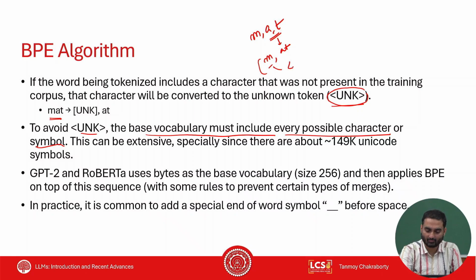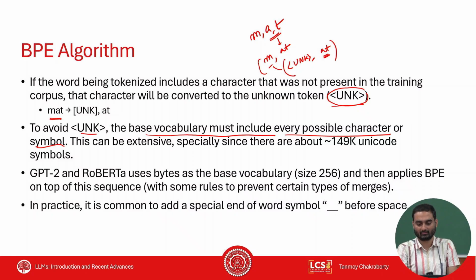Okay, so this will be replaced by UNK, and then you already know the embedding for "at" because this is a known vocabulary entry. So this is going to be my tokens for the word "mat". Clear? In this way we deal with unknown tokens. We will see that in the case of WordPiece we have a different strategy.